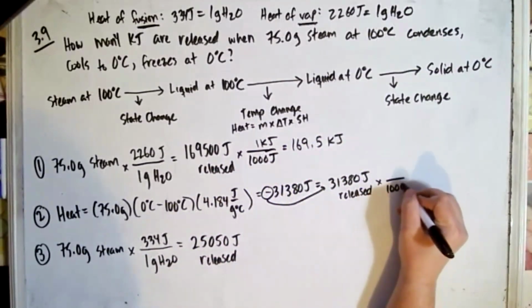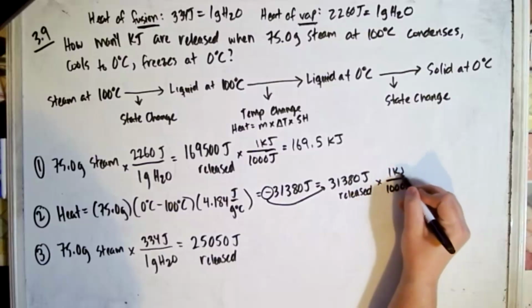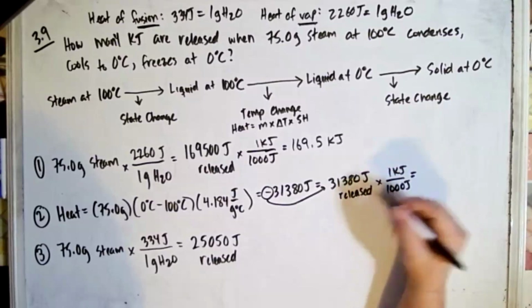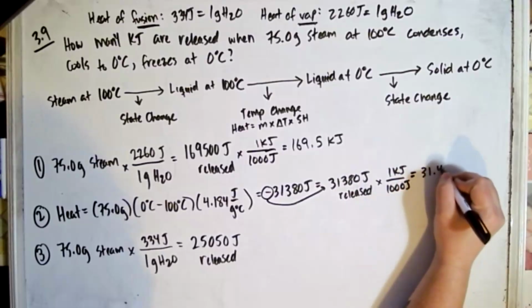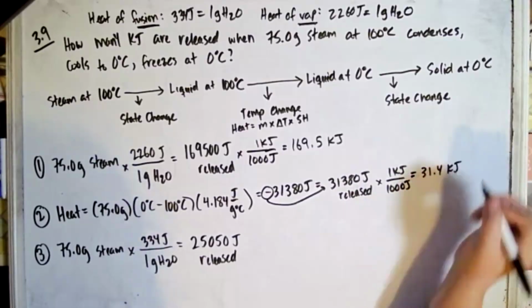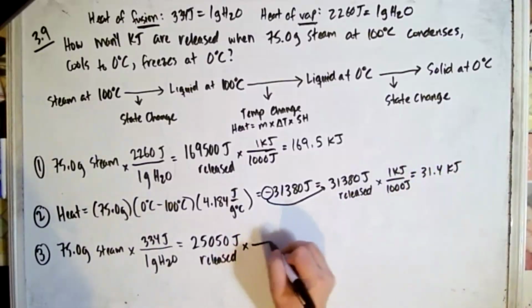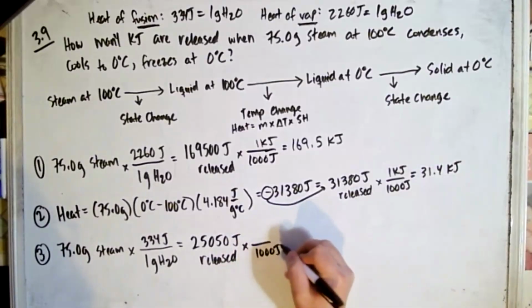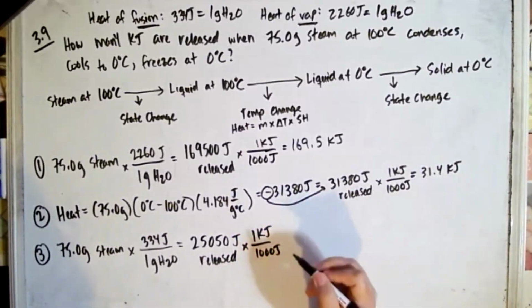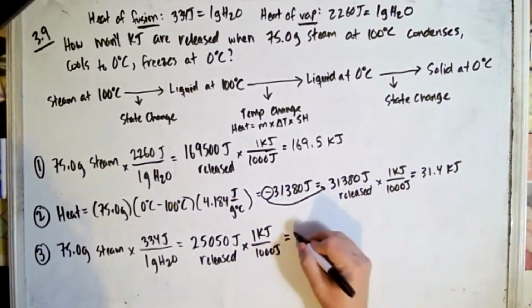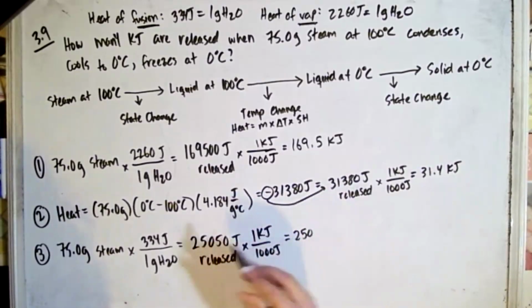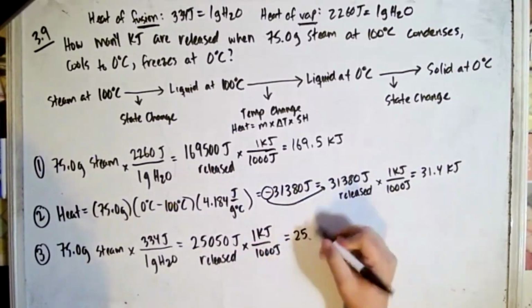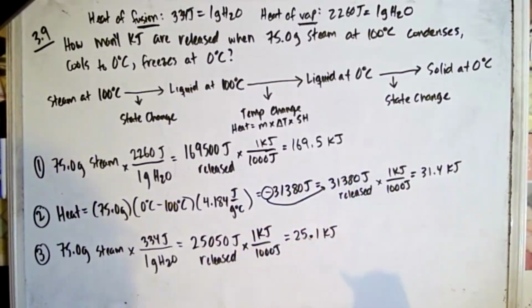Over here, again, 1,000 joules for 1 kilojoule, so this is going to be 31.4. And 25.1 kilojoules.